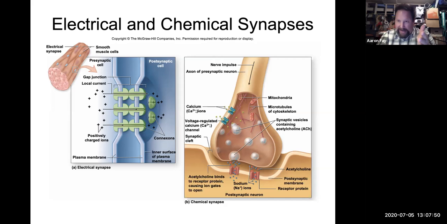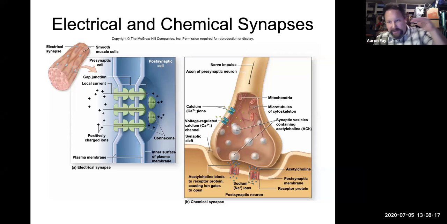In this class, understand that when I talk about a presynaptic neuron, the part that is going to be a part of a synapse has to be the axon. For a postsynaptic neuron, the part involved in that synapse has to be either the dendrite or the cell body, because remember, information can only travel one direction, from the dendrite and cell body down the axon.